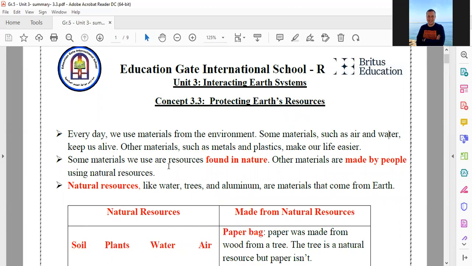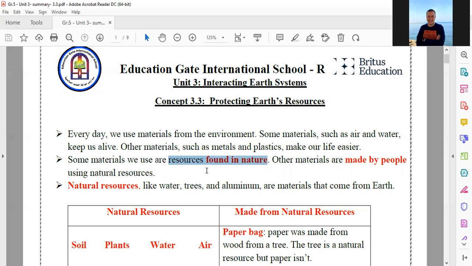So some materials we use are resources found in nature. They are already found in nature and ready to use, like the water, the air, also the sunlight. Other materials are made by people using natural resources, like the mobiles, for example.